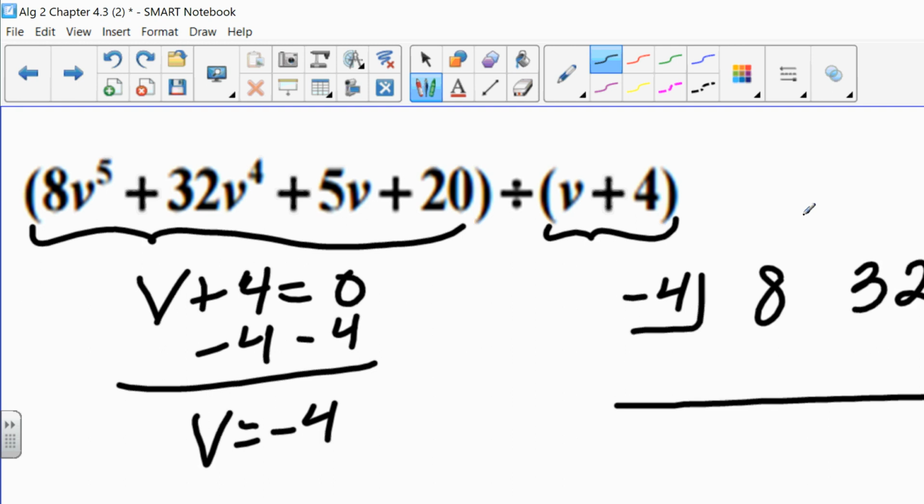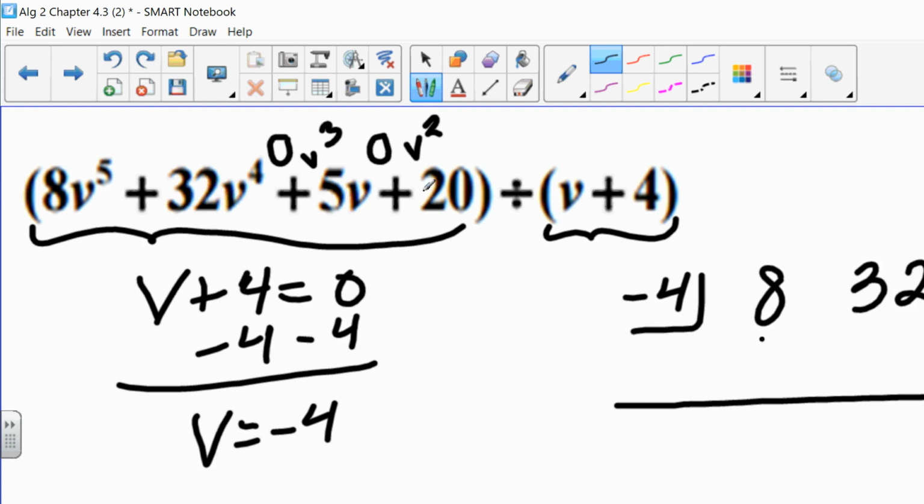So our first term is 8v to the 5th, yes? And then the next term is 4, 3, 2, 1. So v to the first. And really we do have v to the 0, but anything to the 0 power is 1, so it's our constant term. So we need every single term.